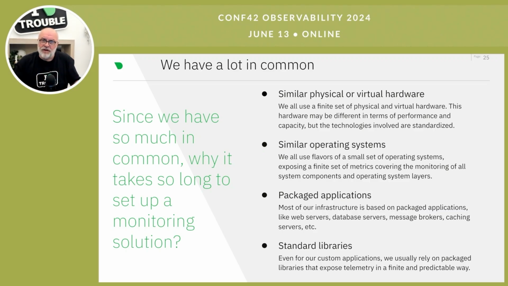Each of us has an infrastructure that's completely different. From the outside, it seems a completely different thing. But if you check the components that we all use, we use the same database servers, the same web servers, the same Linux systems, similar disks, similar network interfaces, etc. So the components of all our infrastructure are pretty similar.